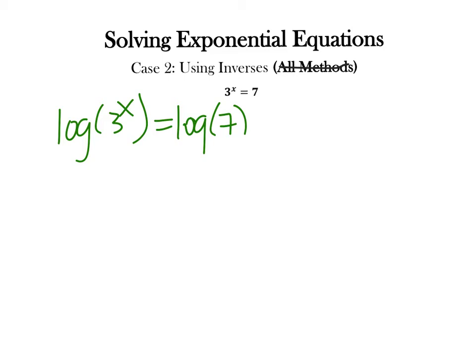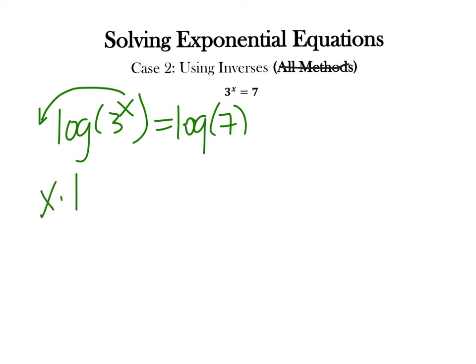I'm going to take the power rule every single time and move that to the bottom. This is really the only reason why I'm introducing a log into the function. I cannot solve for x when it's in the exponent, but I can solve for x when it's in the bottom. So by introducing the log on both sides, I'm able to manipulate the exponent and bring it down to the bottom.